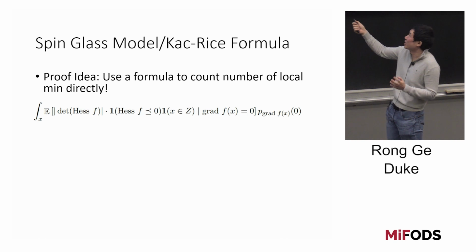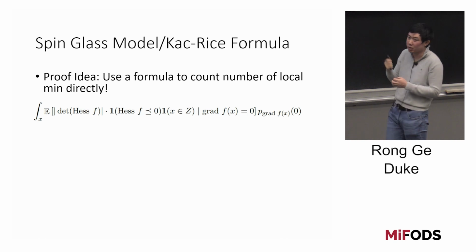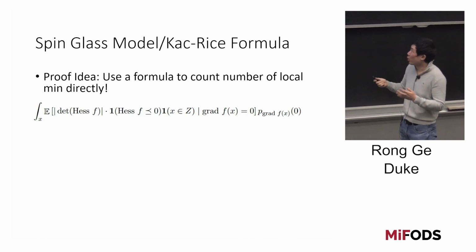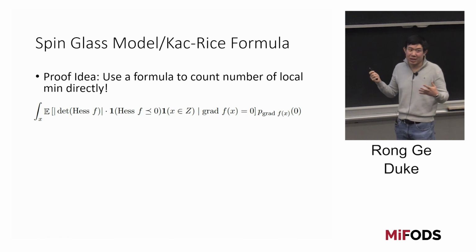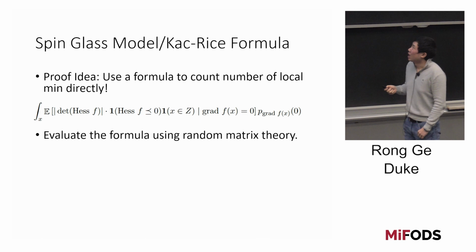I'm not going to try to parse this formula. This is called the Factorization formula. It is well known that you can use this to compute the number of local minima in any region. But of course, this is a very complicated looking formula, and how can you even hope to evaluate this?